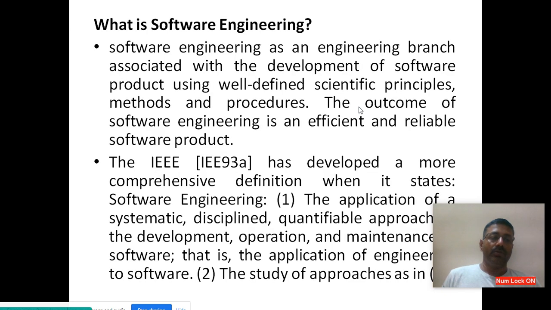Next, we enter into our main content, that is software engineering. Software engineering is an engineering branch associated with the development of software products using well-defined scientific principles, methods, and procedures.